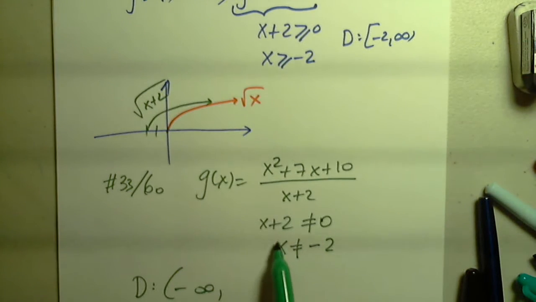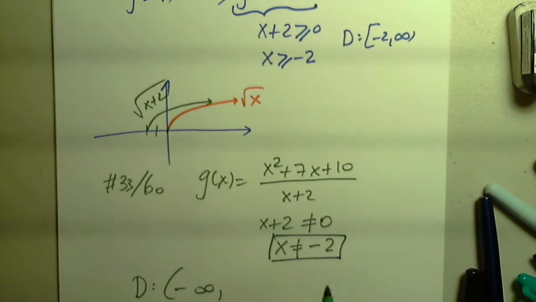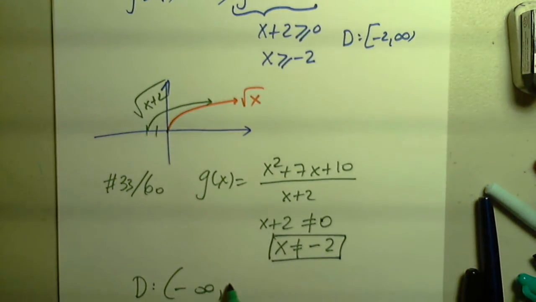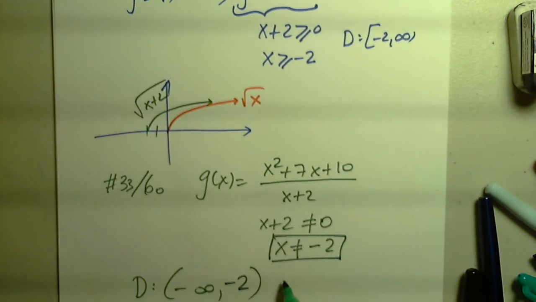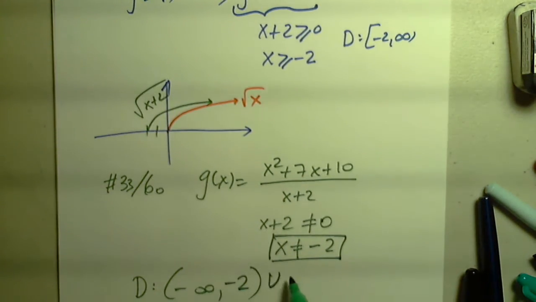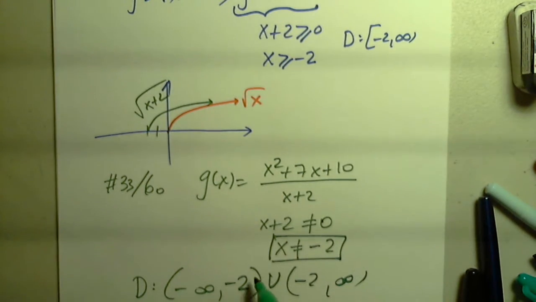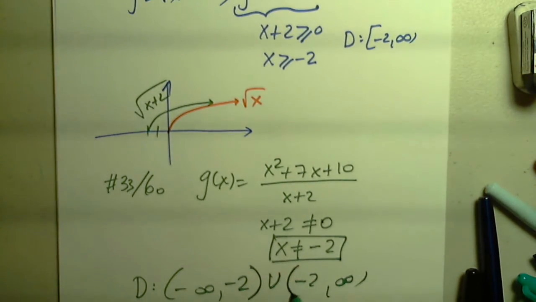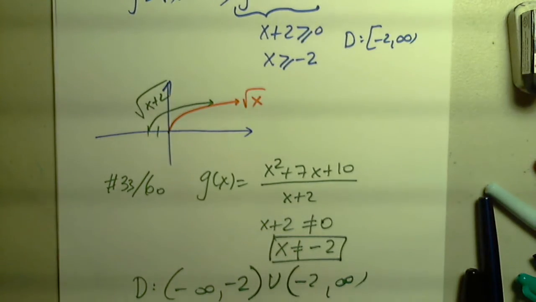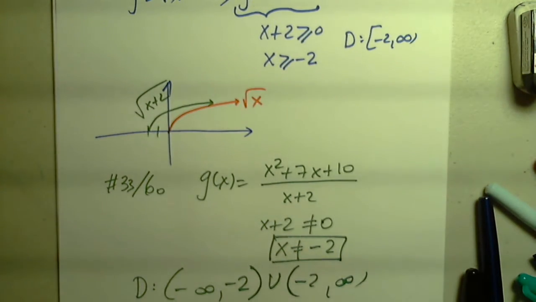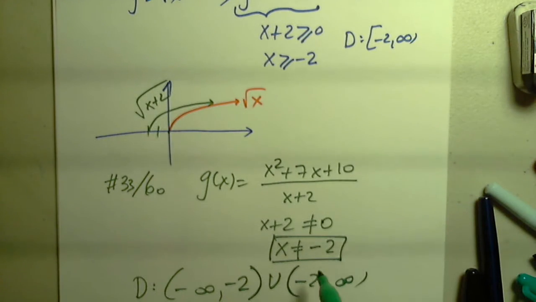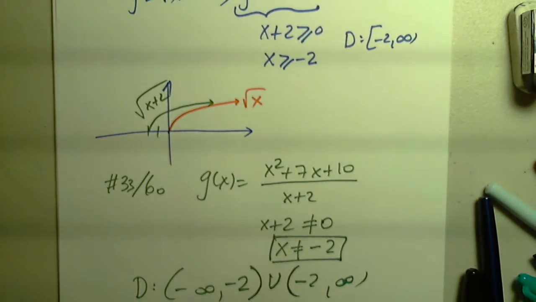That's why we solve the equation, so we don't make that error. Union, very good, -2 to positive infinity. Perfect. Just remember that these have to be parentheses. If somebody puts brackets, that's incorrect, because the bracket includes -2. Good.